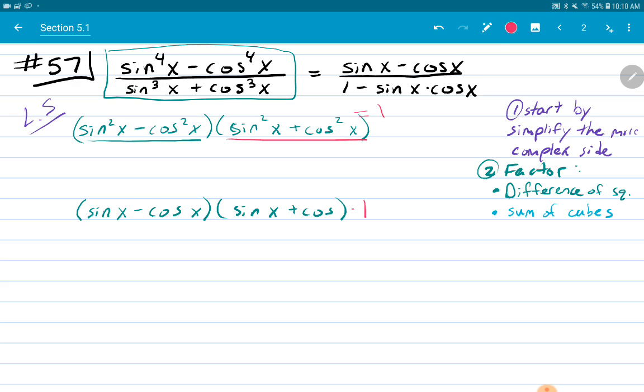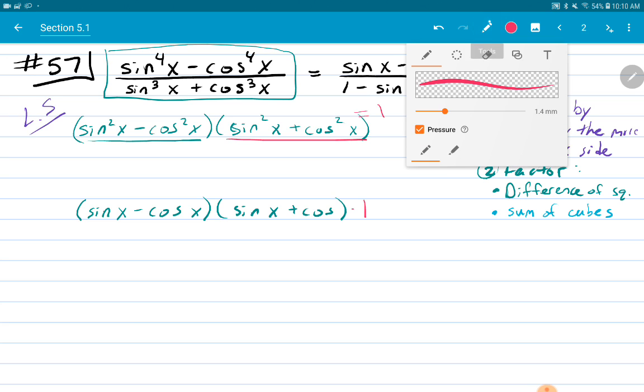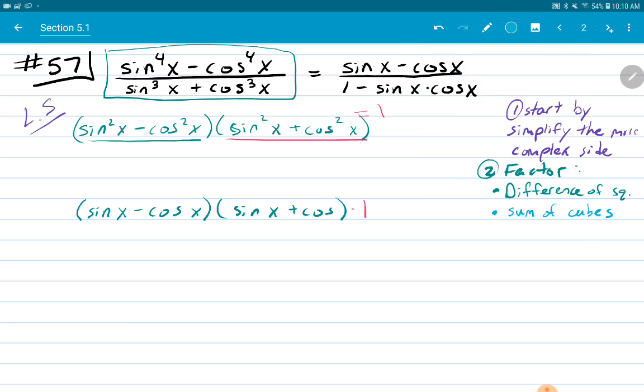So I don't really even need to write that one. Now for the denominator, I have my numerator down to single powers. So let's do the same thing with the denominator now. The denominator is a sum of cubes, so I can use the factoring technique there. Let's get my fraction bar here.